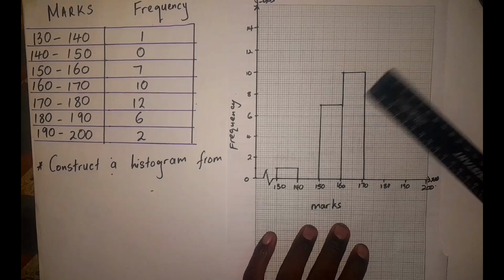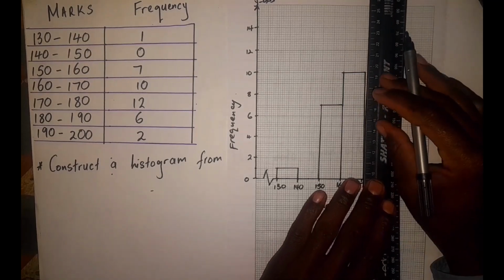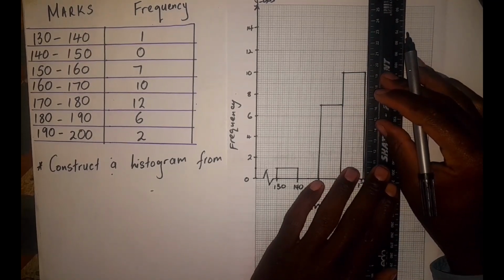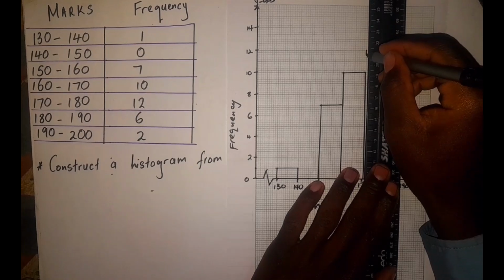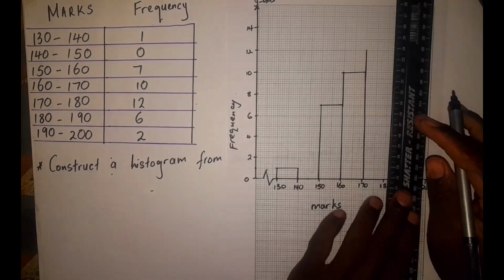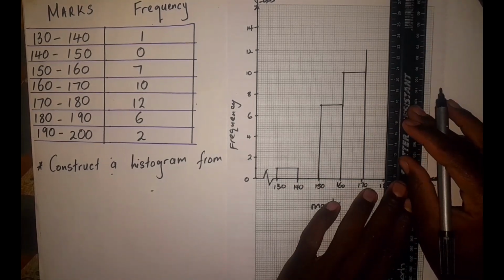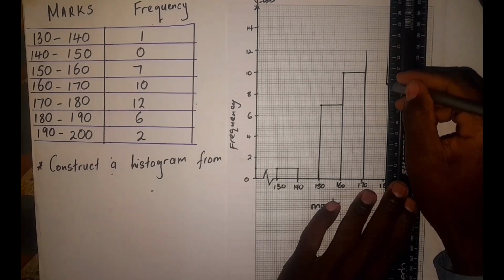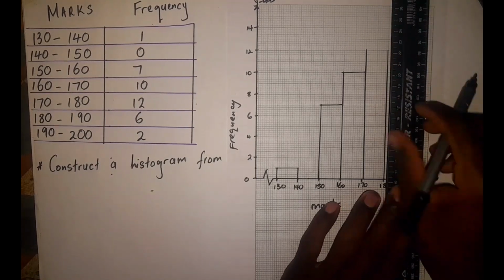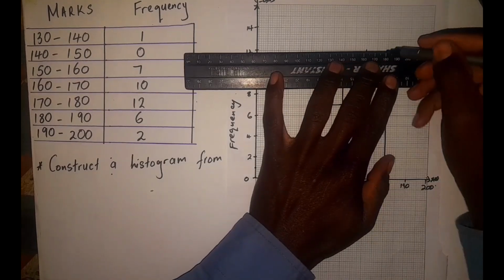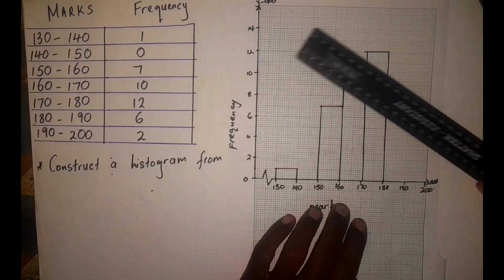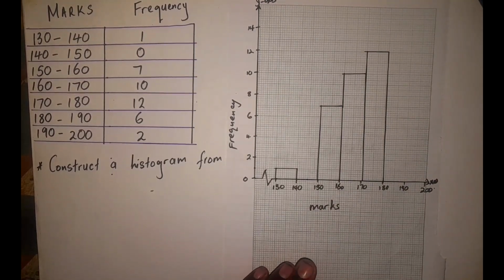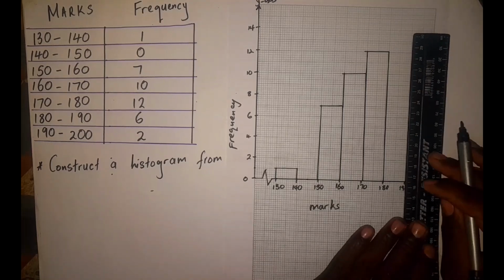And then from 170 to 180 we have 12. And then 180 to 190 we have 6, so it's going to come here.